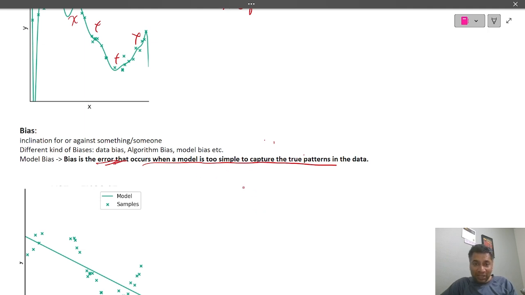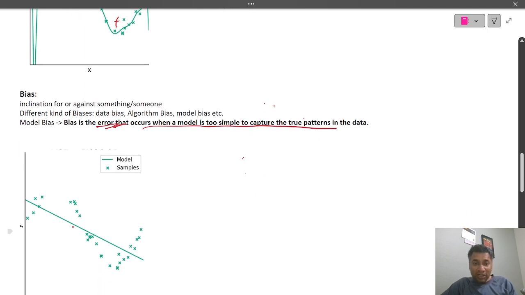So let's try to understand this. If we look at this diagram again, where the model is too simple, it is not capturing the true patterns in the data. It is a case of high error, and that is the reason it's a high bias case.